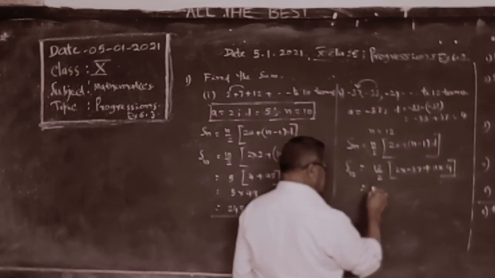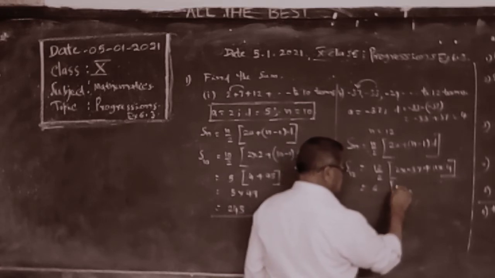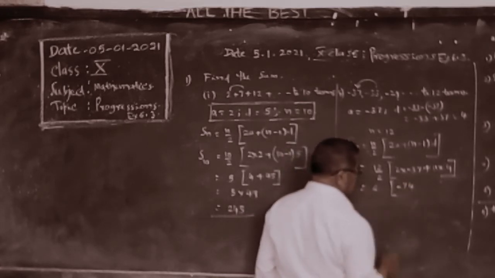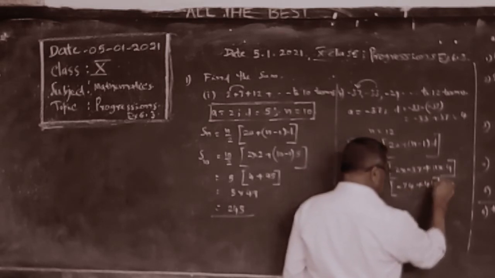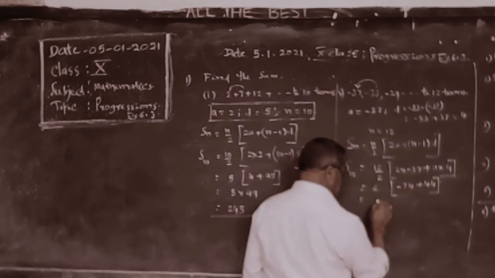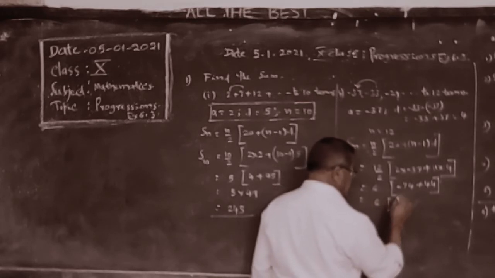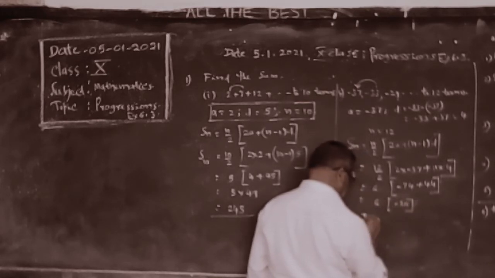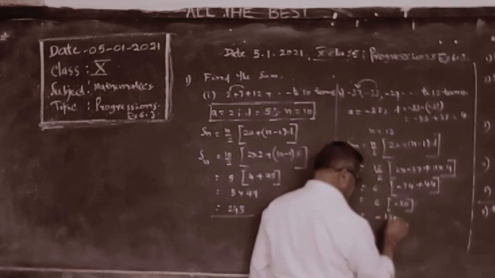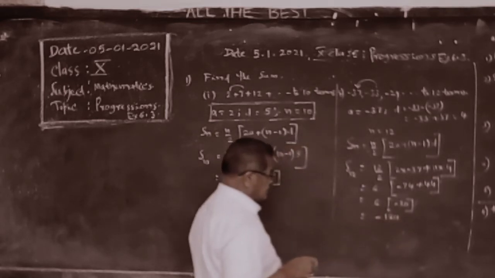Now 6 of (minus 74 plus 44). Now this is 6 of minus 30. This is minus 180.